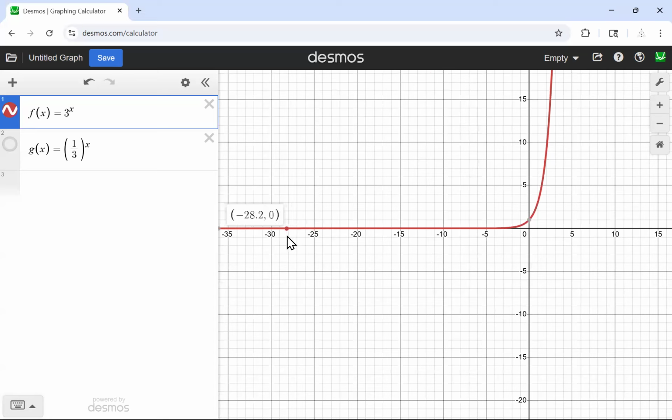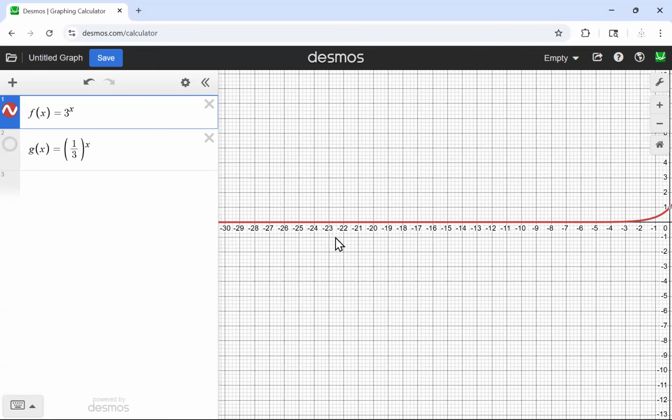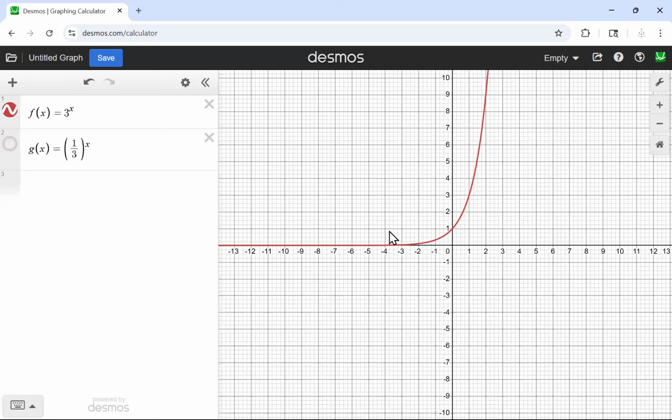In fact, if I put my cursor on this point here, like -30, it'll show an output value of exactly 0 because it would round to that number if you rounded to a few decimal places. But that's what's happening. So to the right, it's shooting off towards infinity. To the left, it's going down towards 0. Notice we never get a negative number because 3 raised to a power never becomes a negative number.